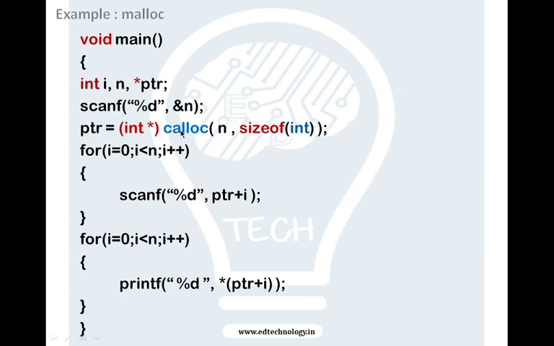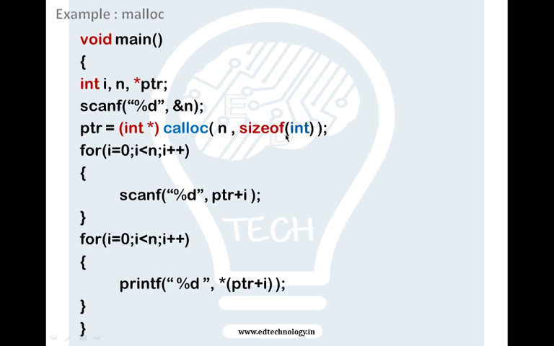Whereas in calloc, which is now replacing it, we have the size of int. So again, the problem which was there in malloc will be solved using the calloc, right? So here we will be able to replace this with the number of elements and size of that particular element.